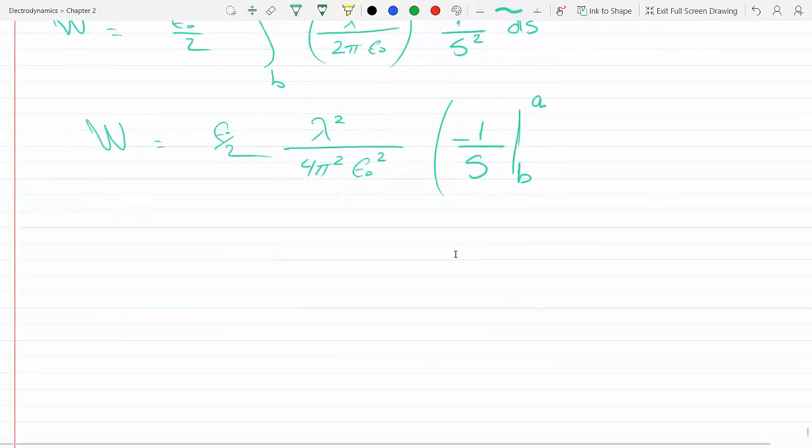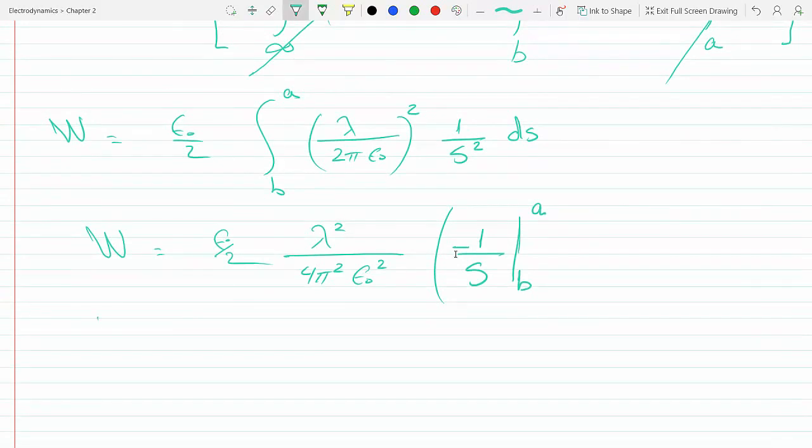And now it's just a matter of evaluating. So one epsilon cancels. Now lambda, we said, is the charge divided by L. So this is going to be Q squared over L squared, right?